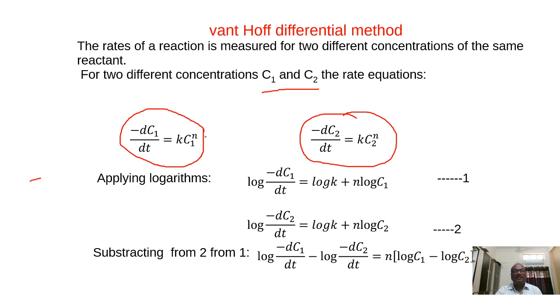Now we are applying logarithms to these two equations. What we get in the first case? Log of minus dC1 by dt is equal to log K plus n log C1. Similarly, in the second equation, log of minus dC2 by dt is equal to log K plus n log C2.